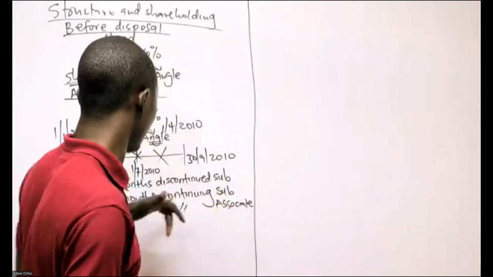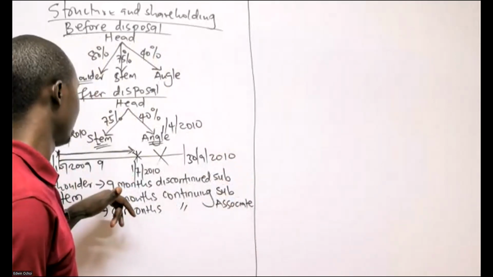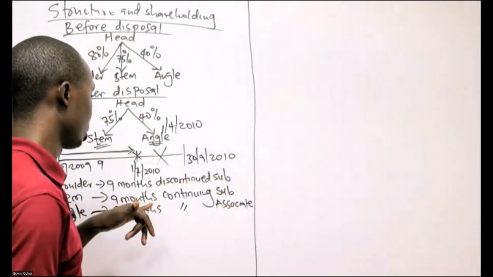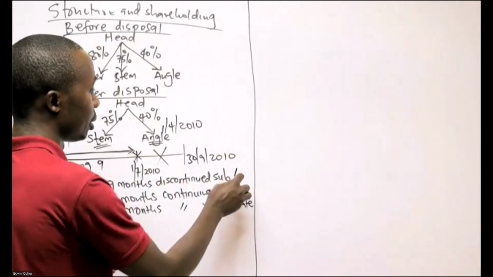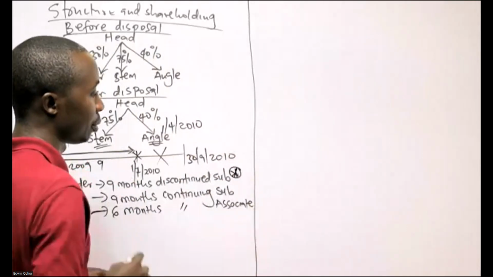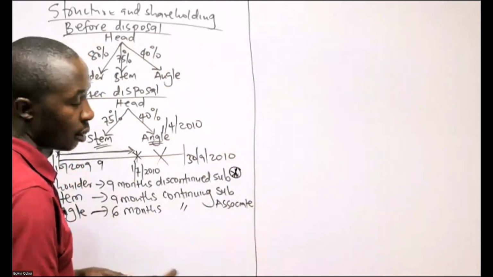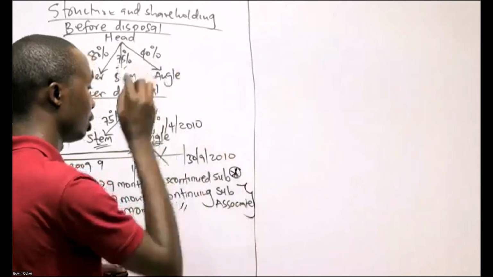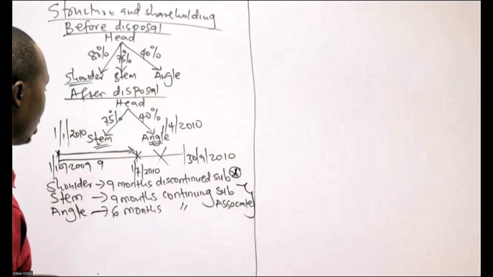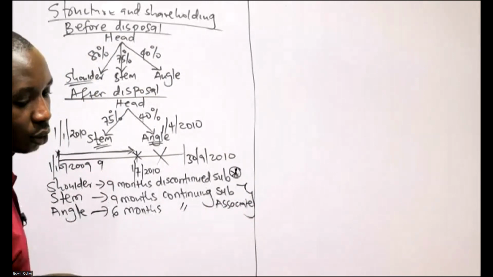Because once you know that, like now, this is a subsidiary for 9 months but discontinued, we have to prepare a separate income statement for that. Then this one is about continuing operations, so we have to do a separate income statement for the 2.